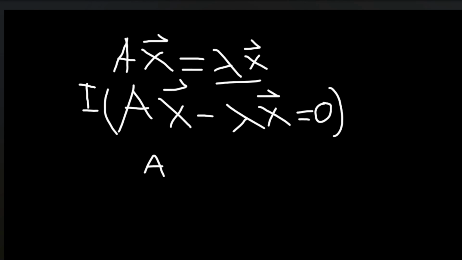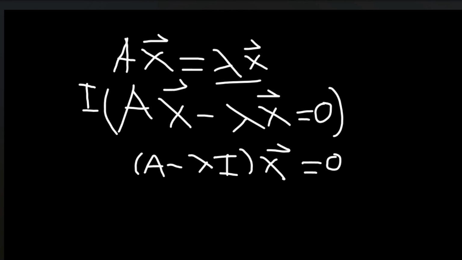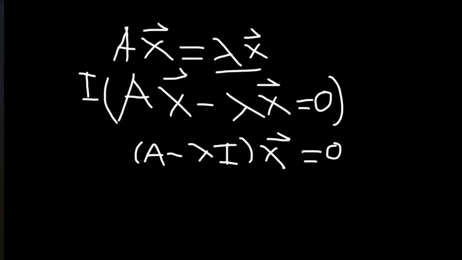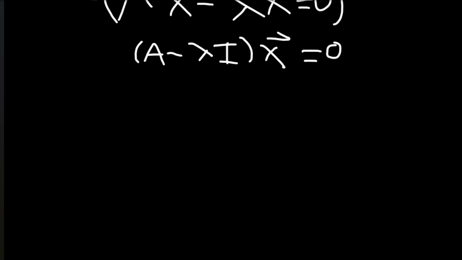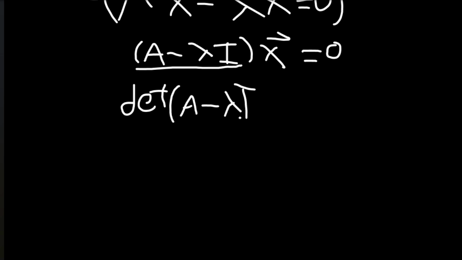The identity matrix times A is just A, but the eigenvalue times the identity matrix is lambda times I. We could also take out this x. Now we have something that we can more easily solve. So essentially, to find the eigenvalues, you would take the determinant of this matrix. And so the equation we're going to be using is this.